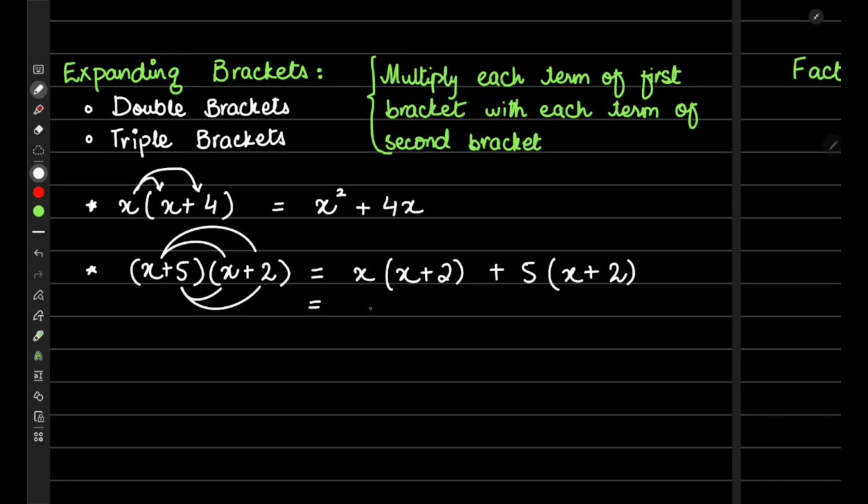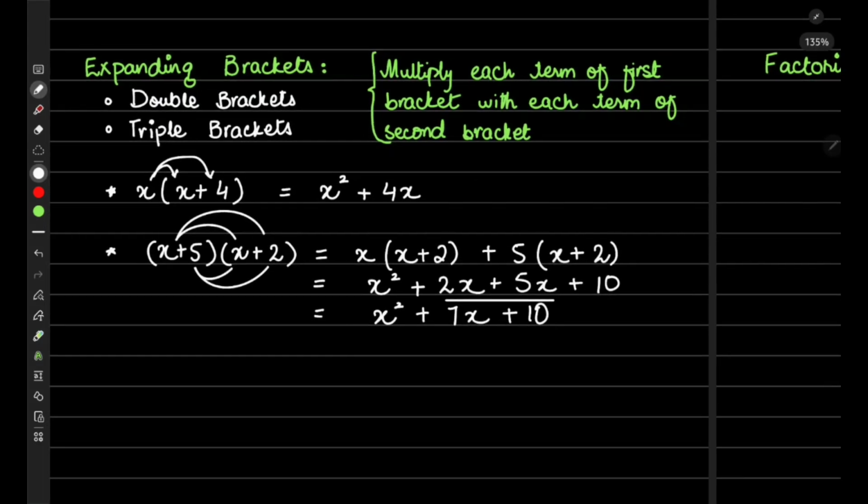So x times x gives you x square plus 2x plus 5x plus 5 times 2 is 10. After doing this, we combine the like terms, add them up. 2 plus 5 is 7, so plus 7x plus 10, and that's it.